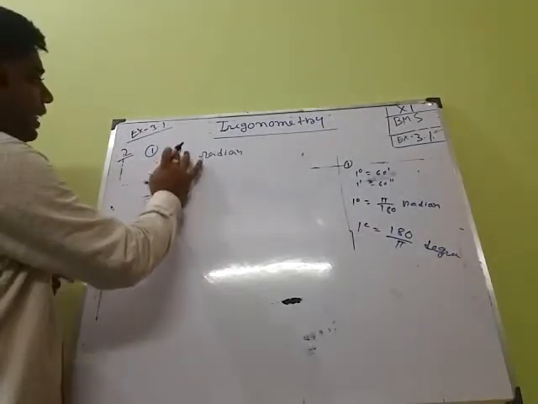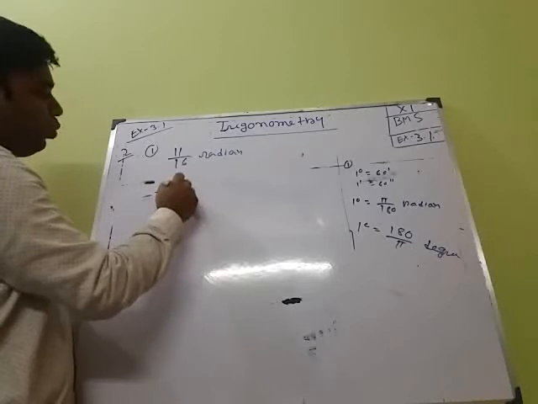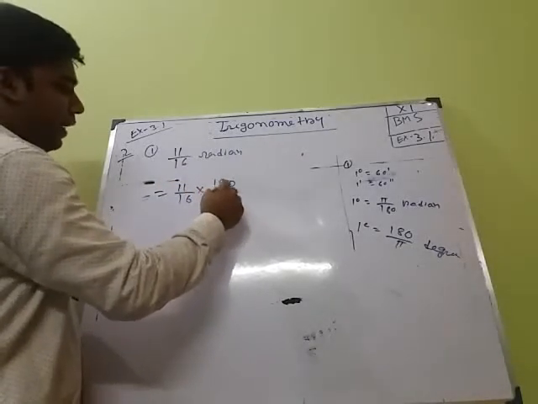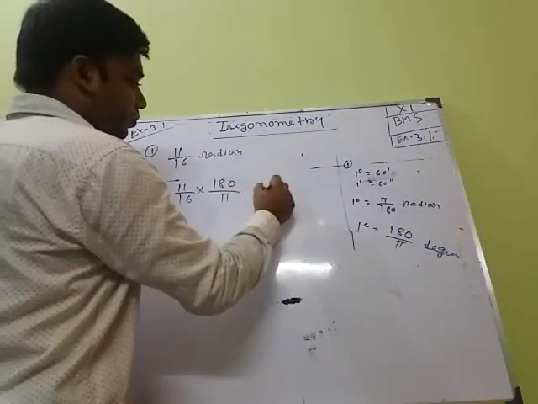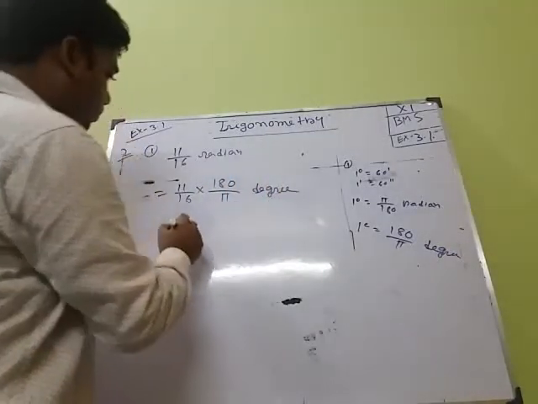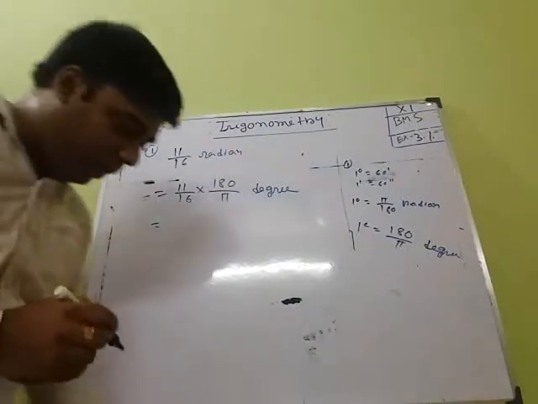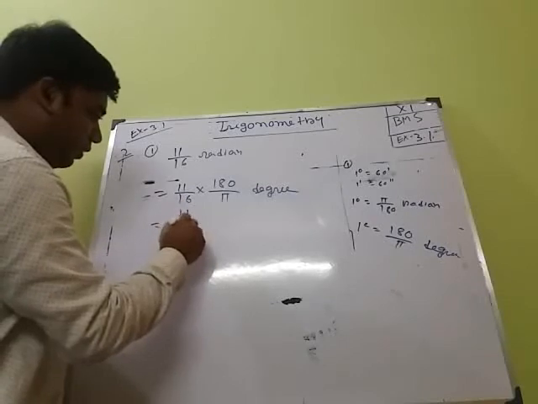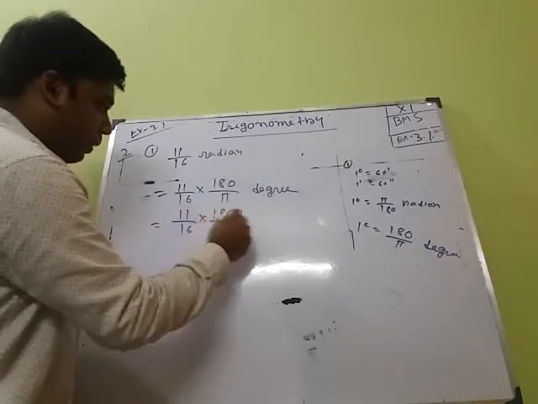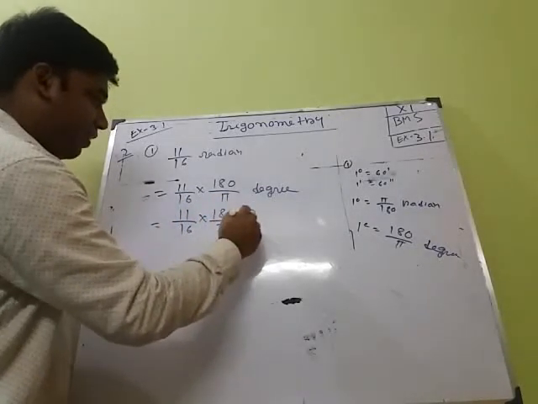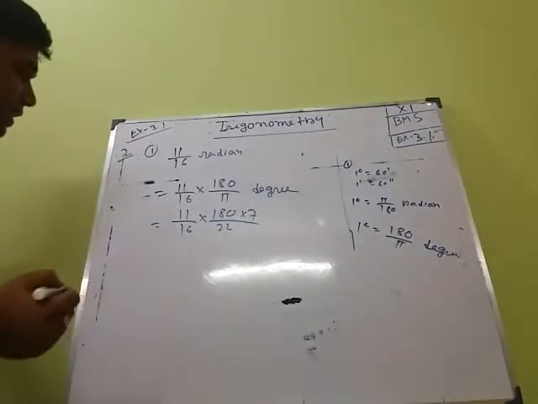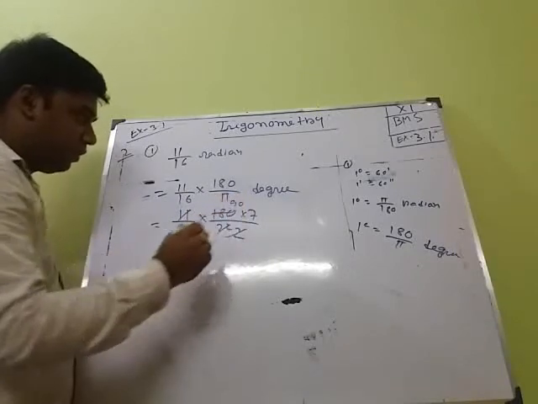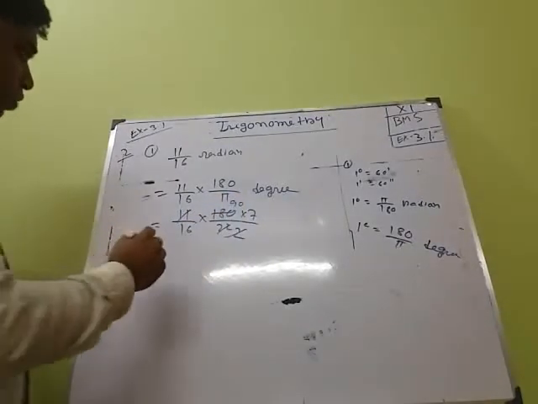So 11 by 16 radian equals 11 by 16 into 180 by pi degree. Now putting the value of pi as 22 by 7, we get 11 by 16 into 180 into 7 by 22.